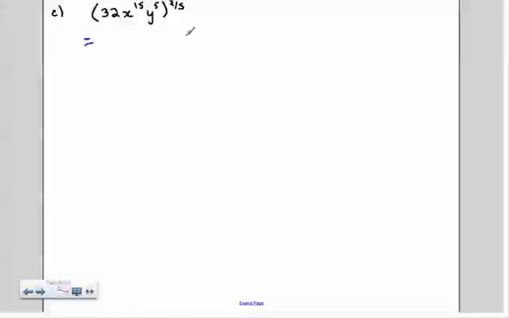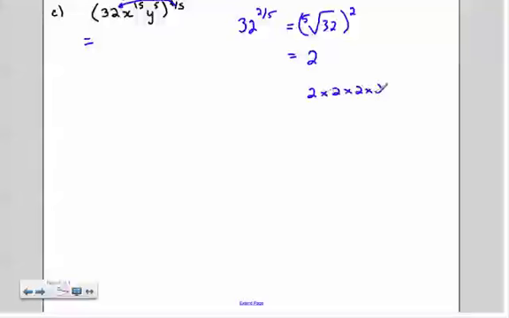This one we're actually going to calculate. And there's a couple ways to deal with the 2/5 when I send it to the number. 32 to the 2/5 means the fifth root of 32, squared. Now I know that the fifth root of 32 is 2 because 1, 2, 3, 4, 5 twos would equal 32.